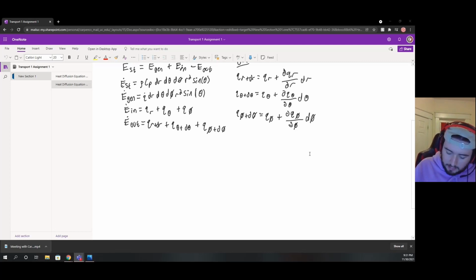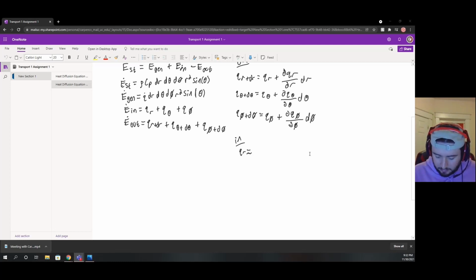Then for heat going in, this one's going to be a little bit different. We have the same type of equation as we did for Cartesian, but we're going to have to add a few things in for some of the coordinates.